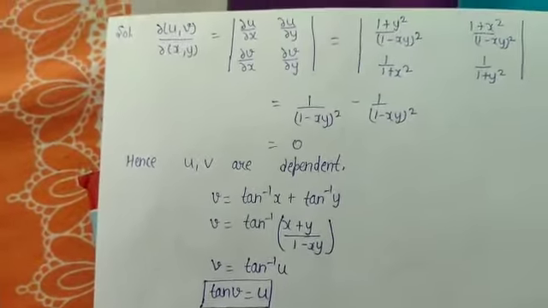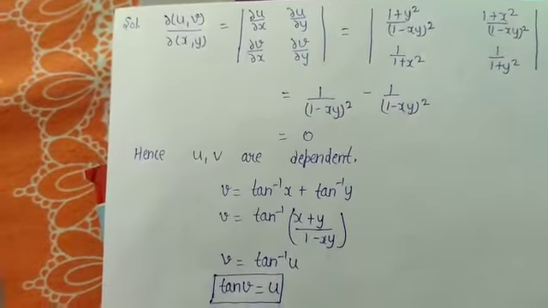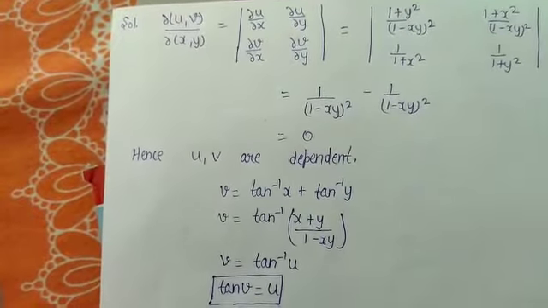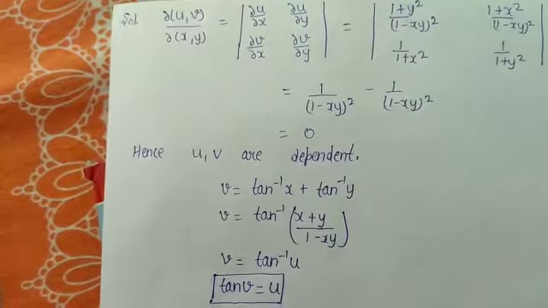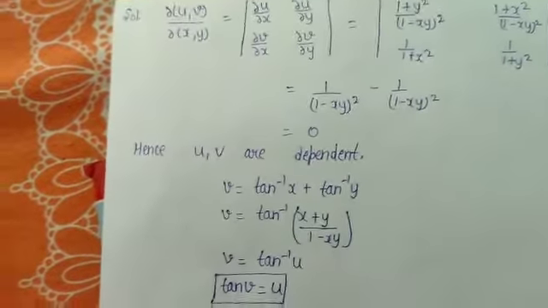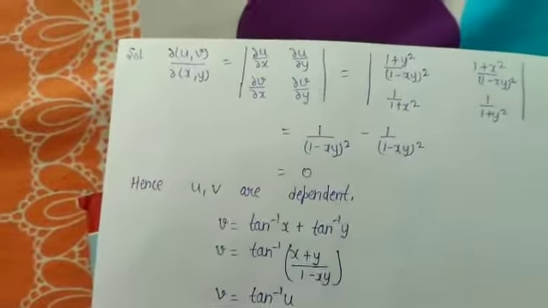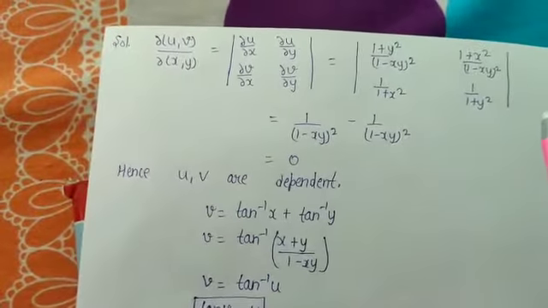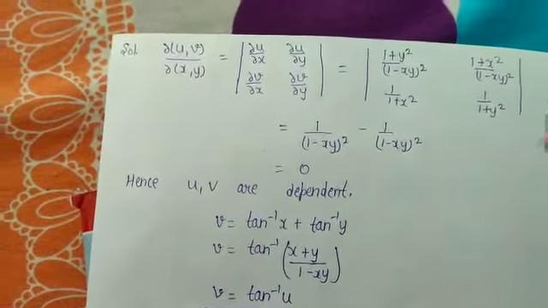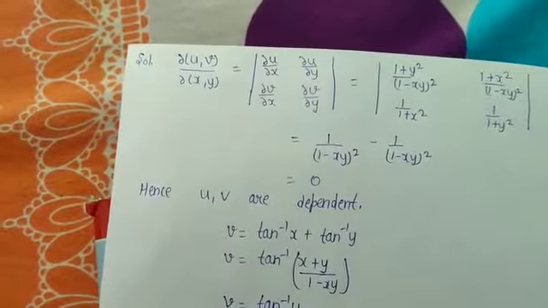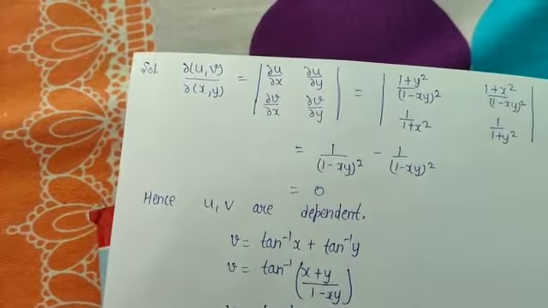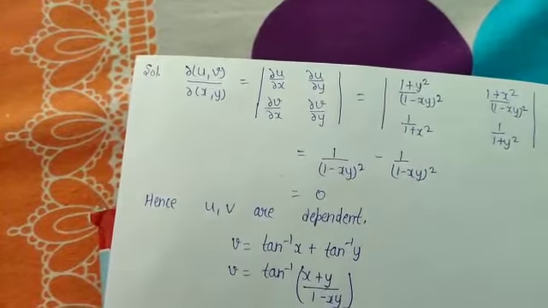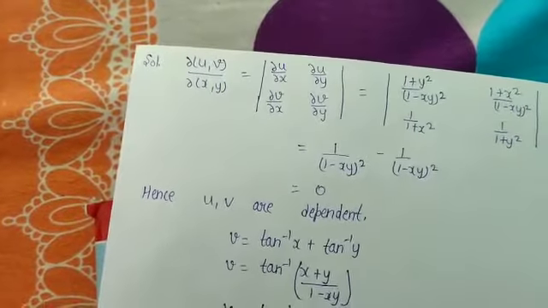So Jacobian of u, v with respect to x, y is given by the determinant del u upon del x, del u upon del y, del v upon del x, and del v upon del y. Now we have given u is equal to x plus y upon 1 minus xy, and v is equal to tan inverse x plus tan inverse y.